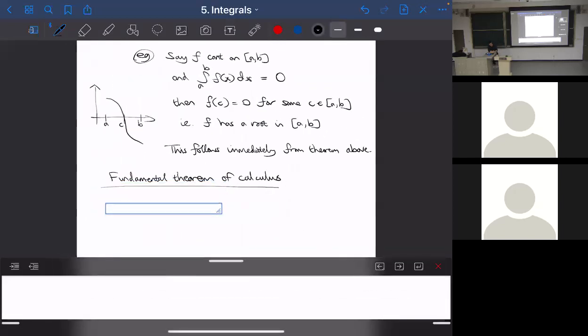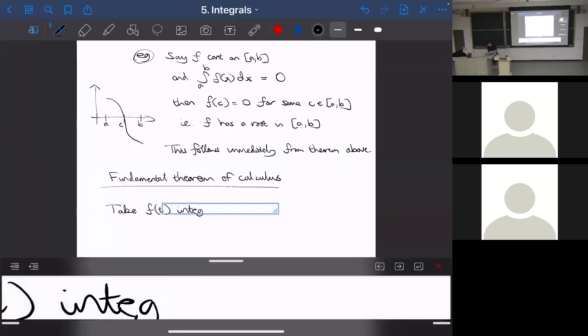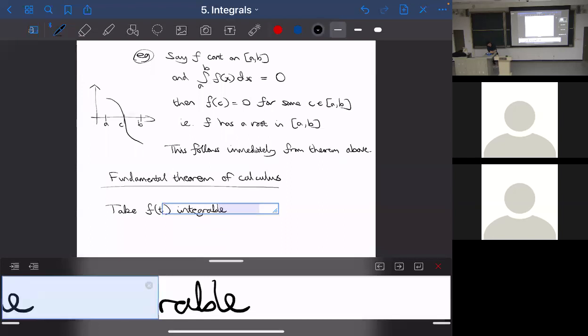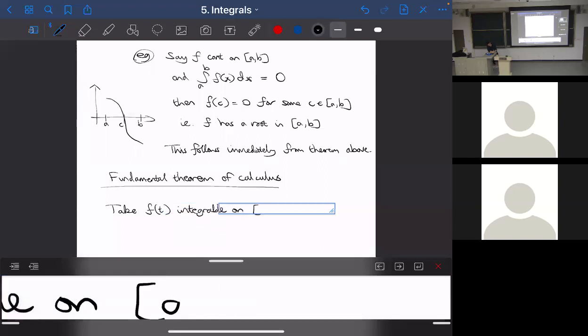Okay, so we start with f, a function of t, and say it's integrable on some interval [a, b].